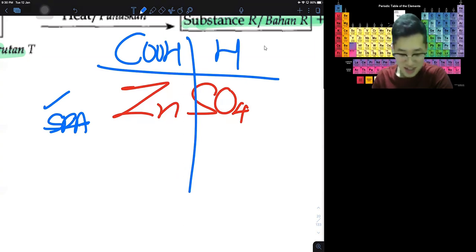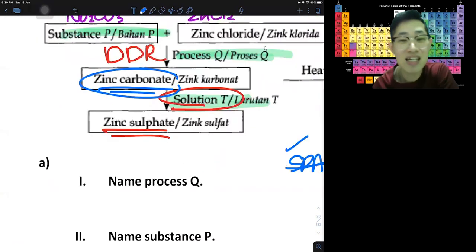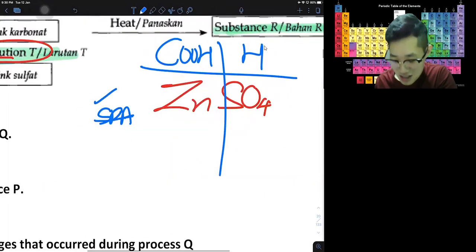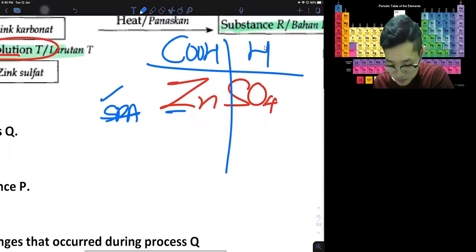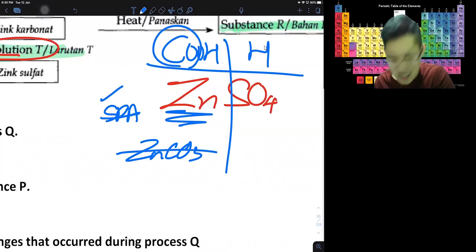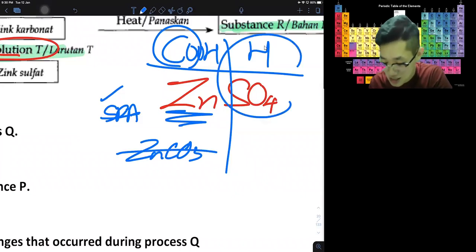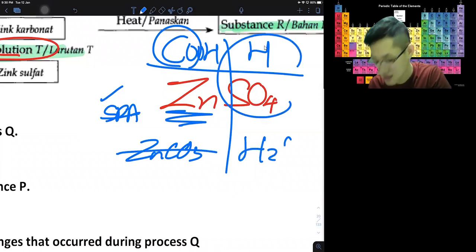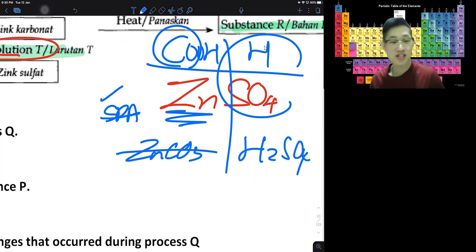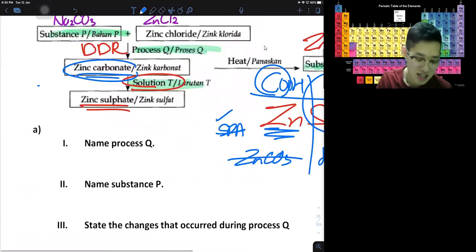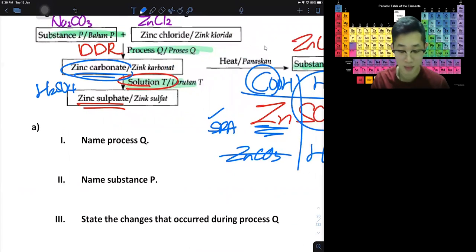So they give you zinc carbonate. Now you need the other half. Sulfuric acid. Finish lor. Easy or not easy? Done.